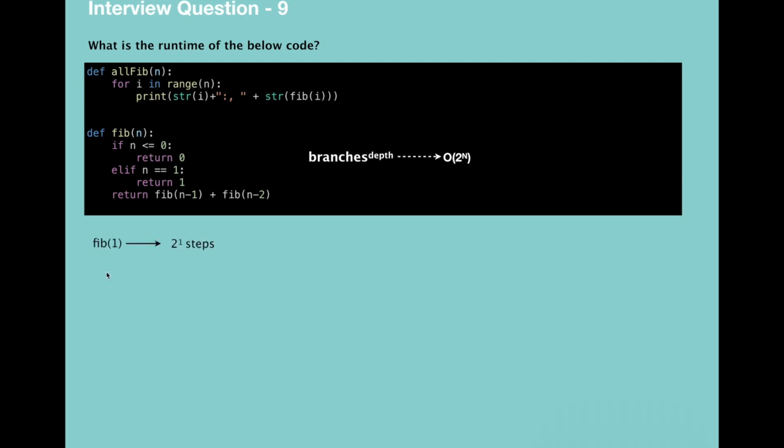In the first run, when n equals 1, our method will go 2 steps. In the second run, our method will go 2 to the power of 2 steps. In the third one, it will be 3 to the power of 2 steps. Then it will continue like this until we reach n. In the nth run, it will go n to the power of 2 steps.